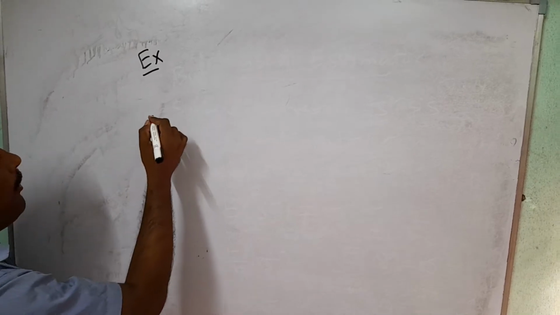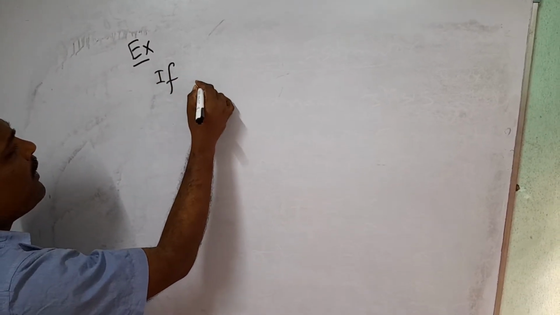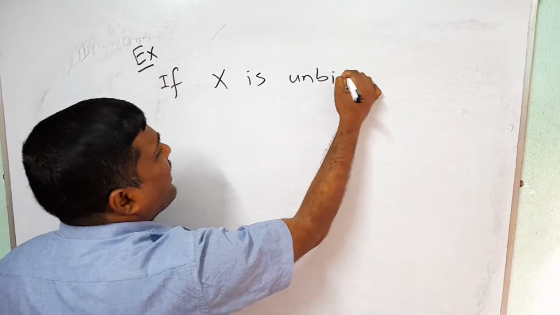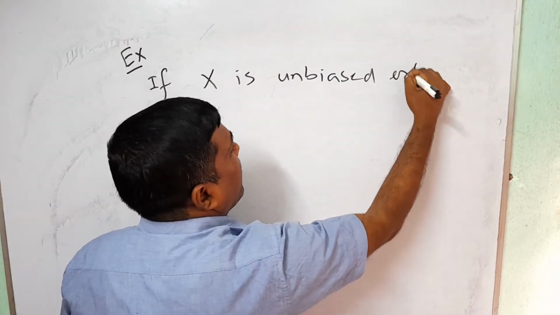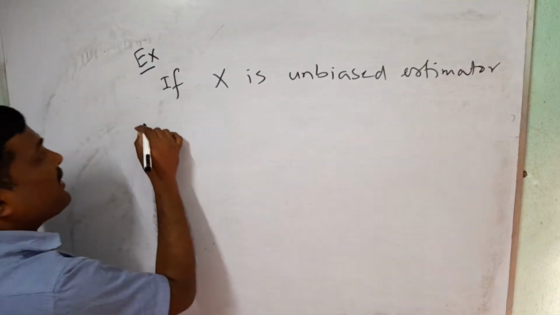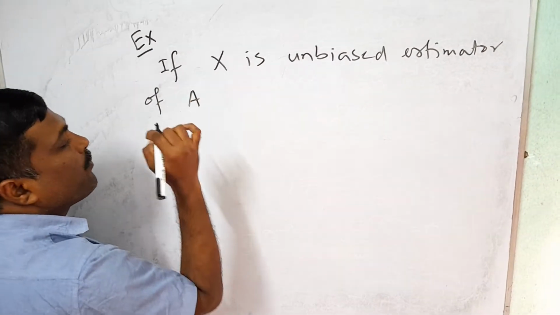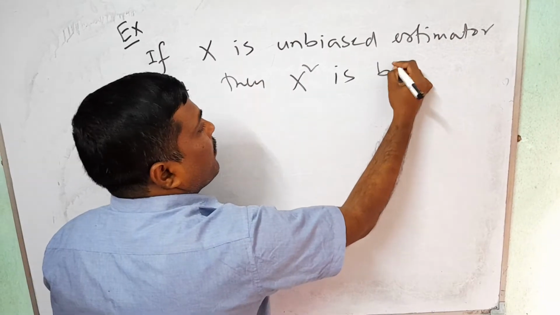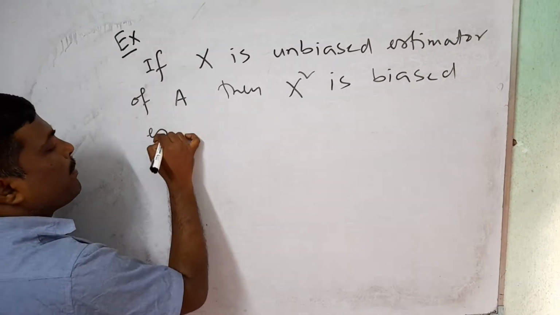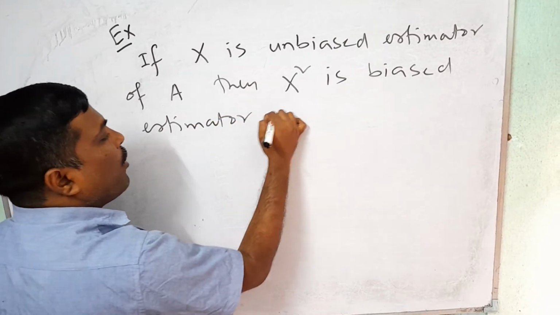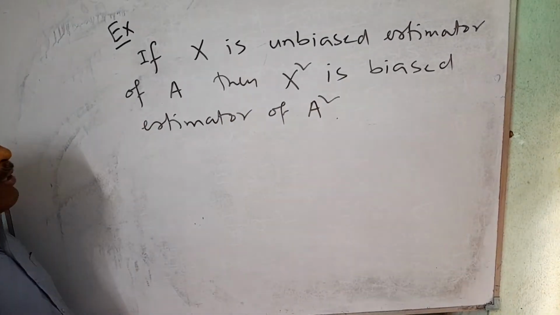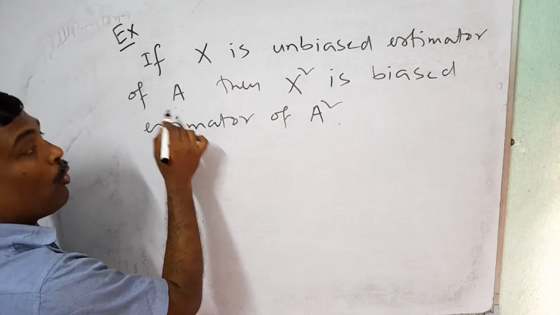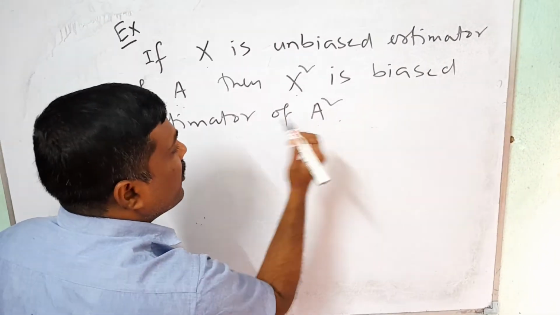See one question. If x is an unbiased estimator of A, then x square is a biased estimator of A square.